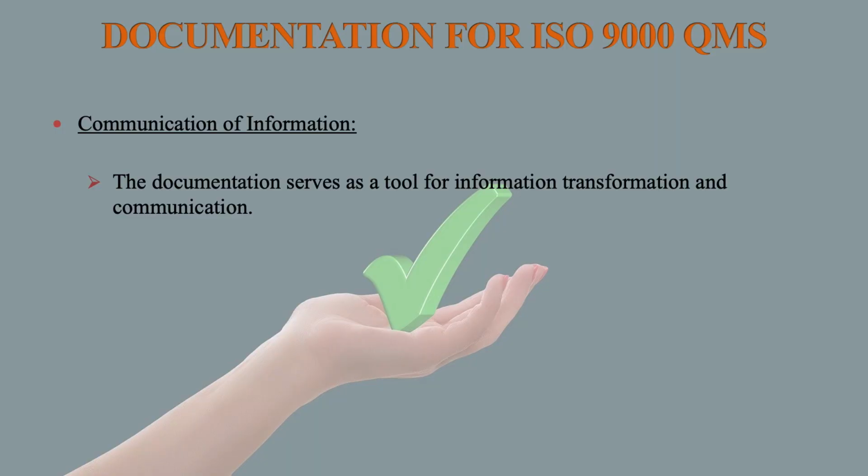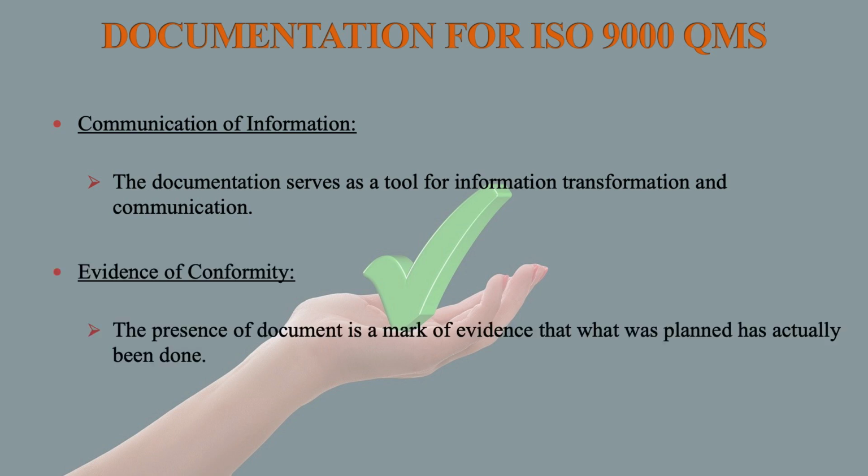Communication of information. The documentation serves as a tool for information transformation and communication. Then evidence of conformity. The presence of a document is a mark of evidence that what was planned has actually been done. Suppose we have gone for some inspection, and they have given some document.